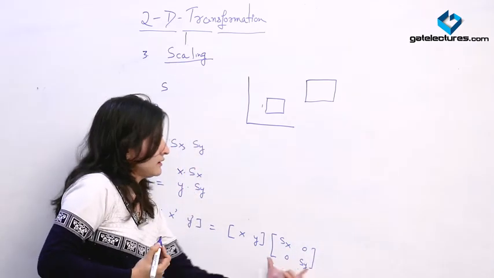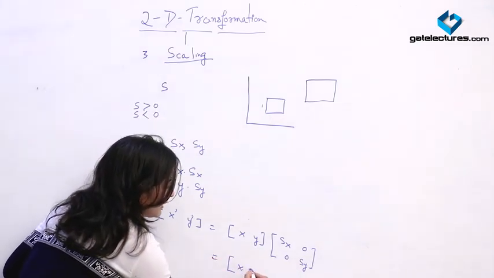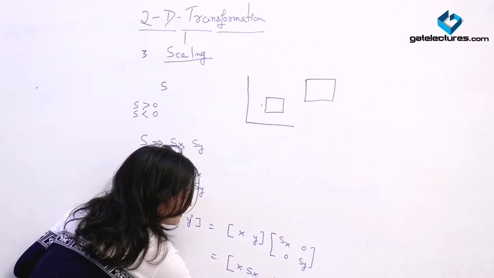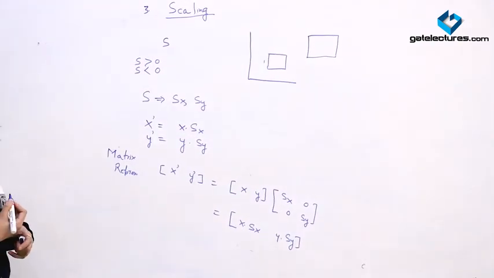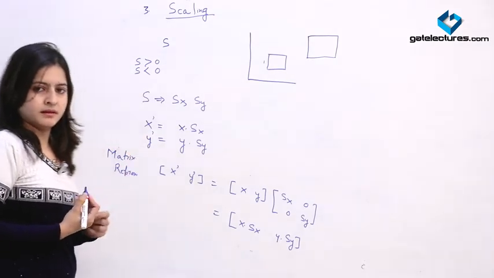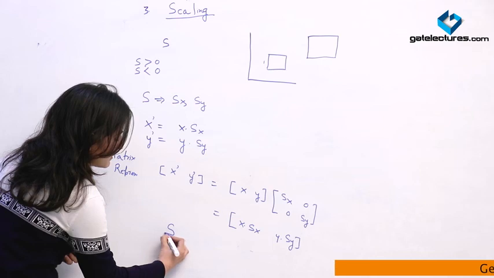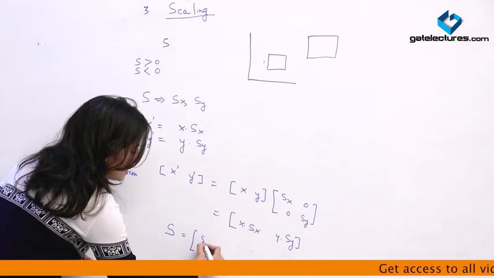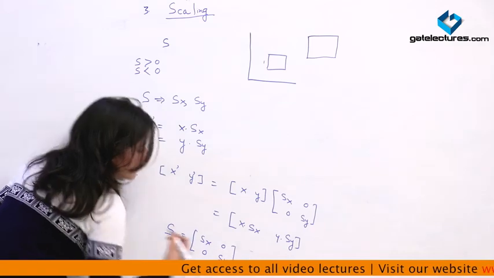This is the scaling transformation. Directly we will get x dot sx and y dot sy after solving this. Like in rotation, where we have the rotation matrix R, here we are directly representing the scaling factor by S and having its value sx 0 and 0 sy.